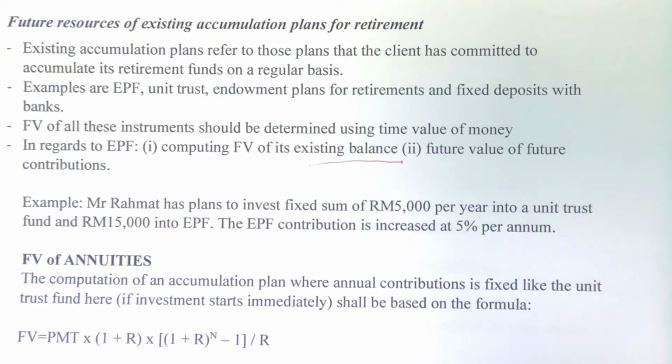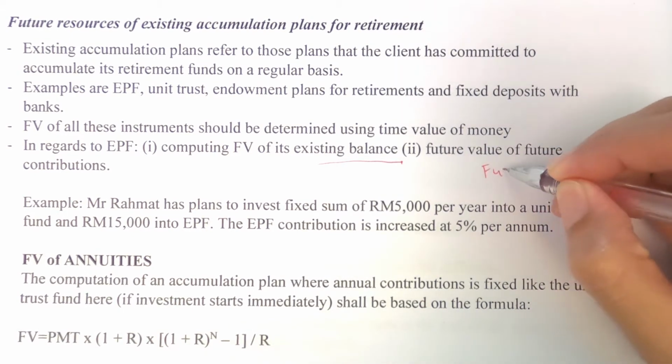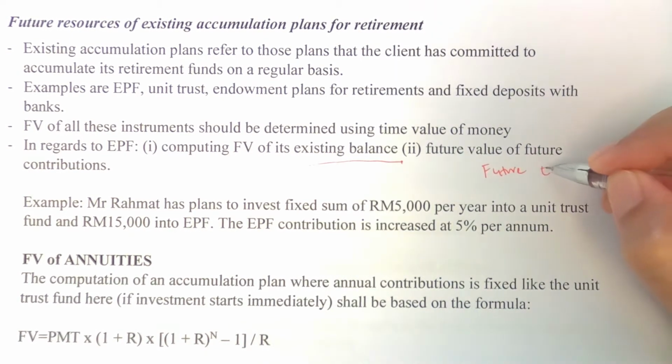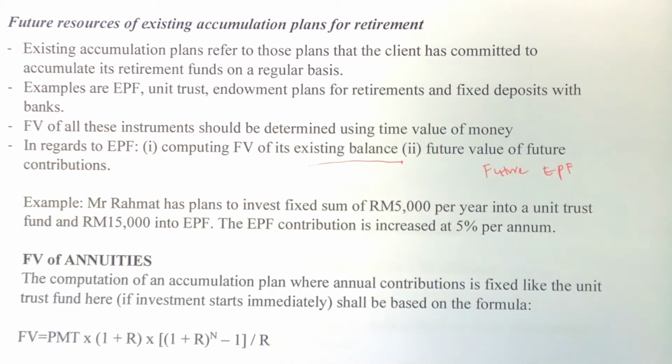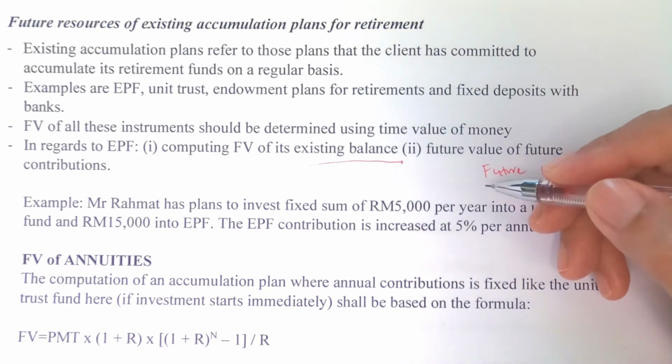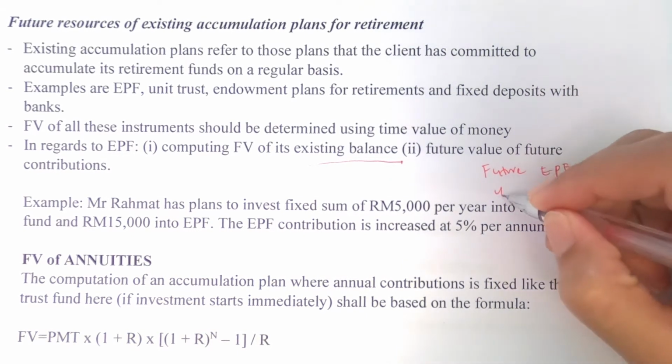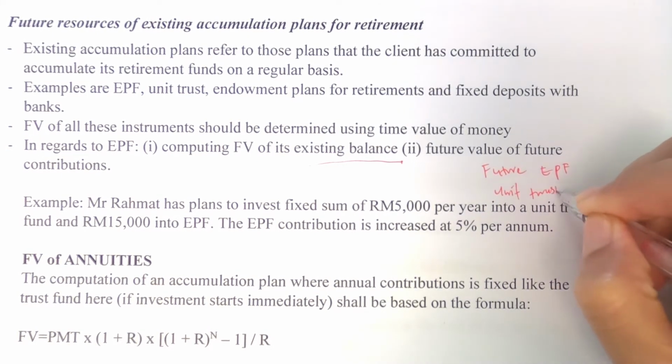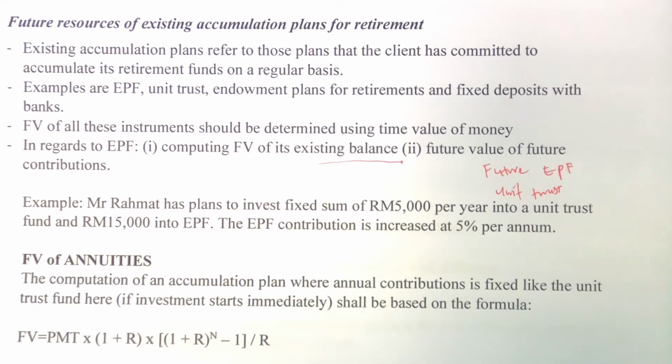Now, because we are going to calculate the future resources of the existing accumulation plan, we're going to look at the future EPF, because we're going to contribute more later in the future. As well as if, for example, your clients have another investment or saving, let's say unit trust, that they will do in the future. So this is something we have to take into account.